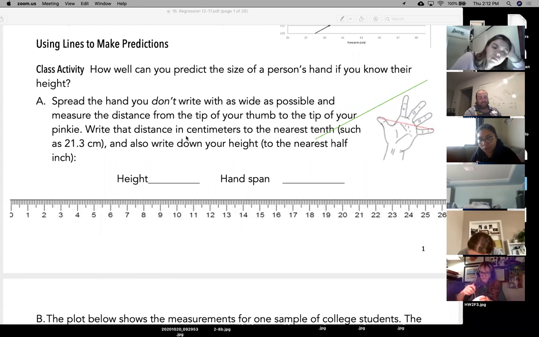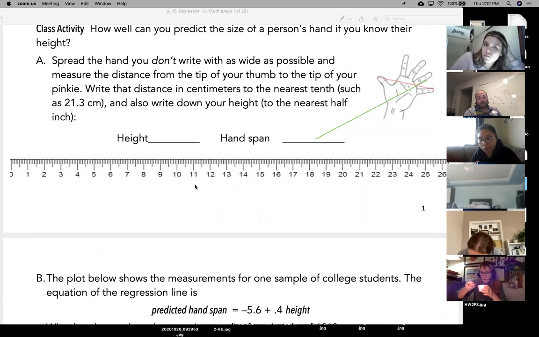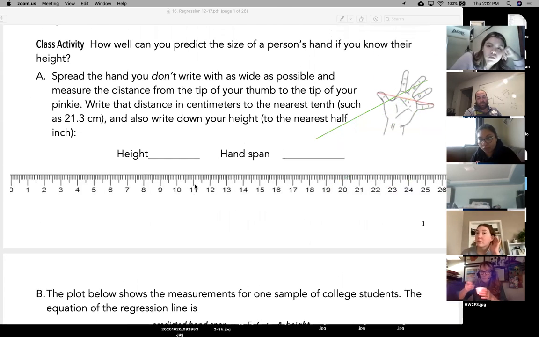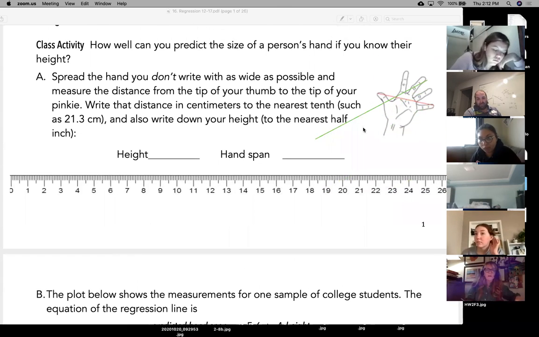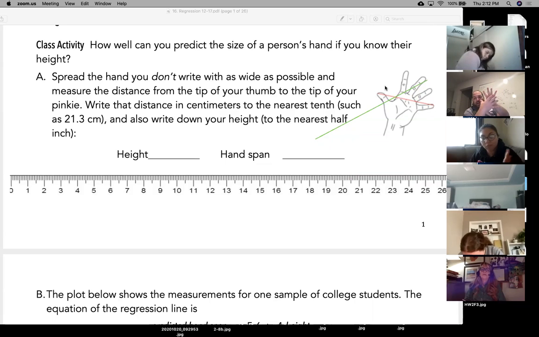We're not going to do this example here because we're not all together. But this example is coming up with a relationship between a person's hand span, how far it is from the tip of your thumb to the tip of your pinky on the same hand, of course, not two different hands.